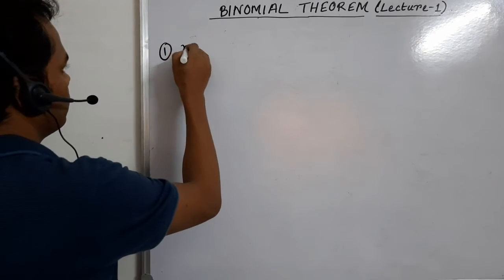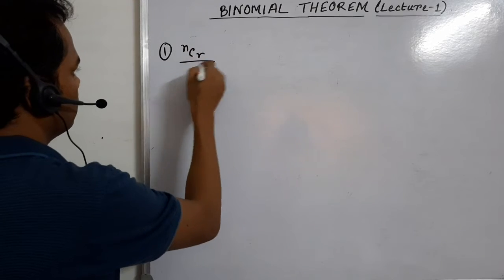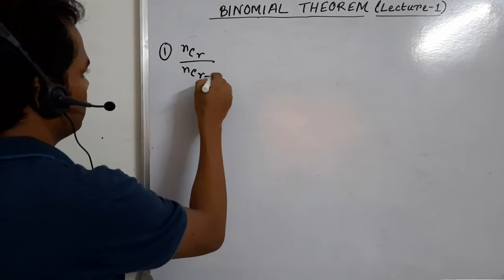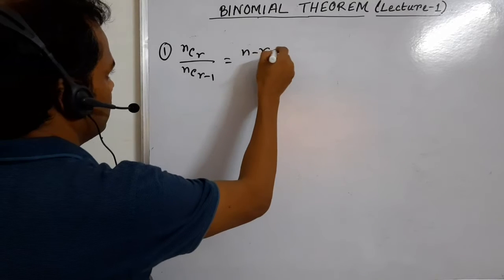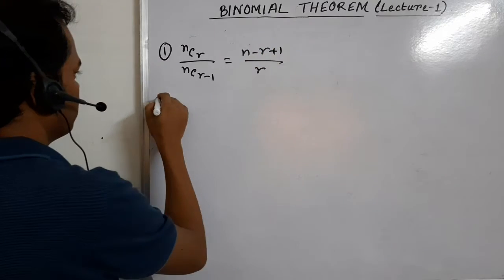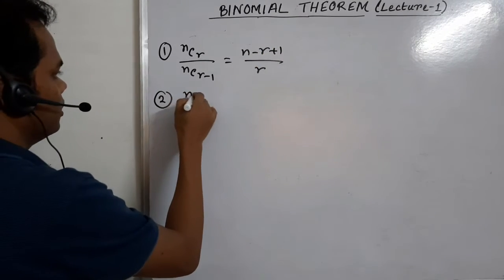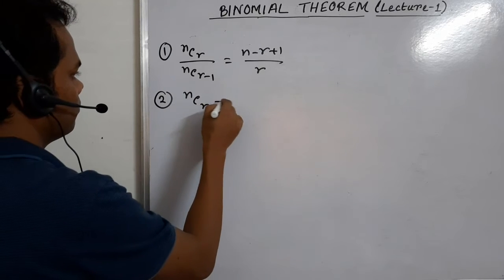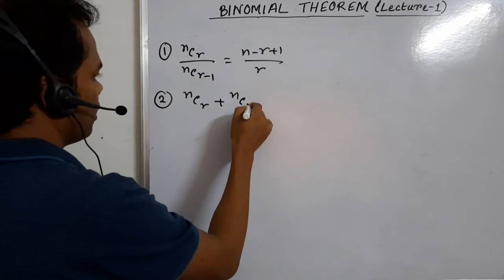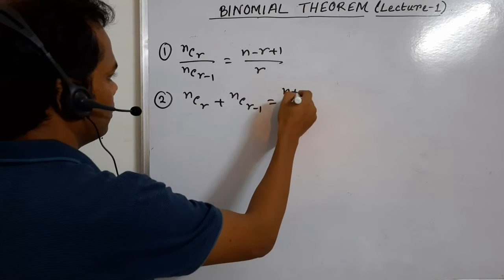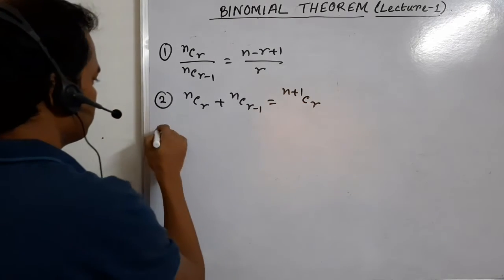Now the next formulas. nCr by nC(r-1) equals (n-r+1)/r. Second formula: nCr + nC(r-1) equals (n+1)Cr.